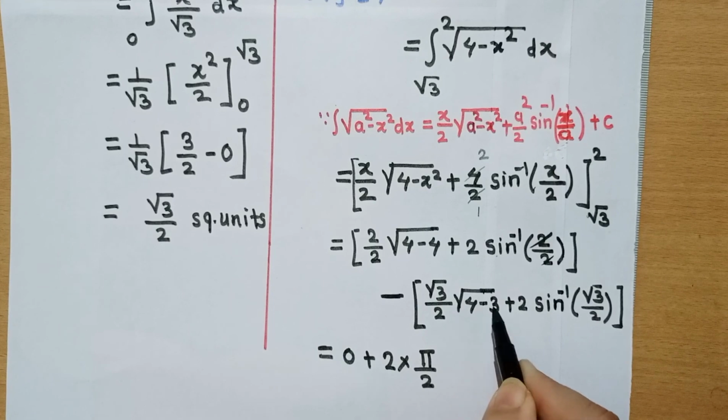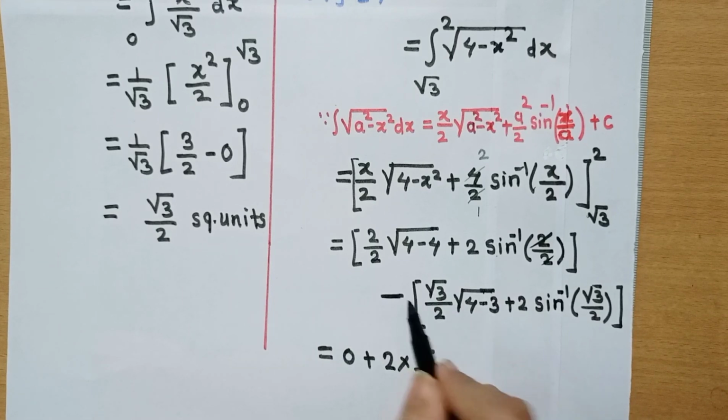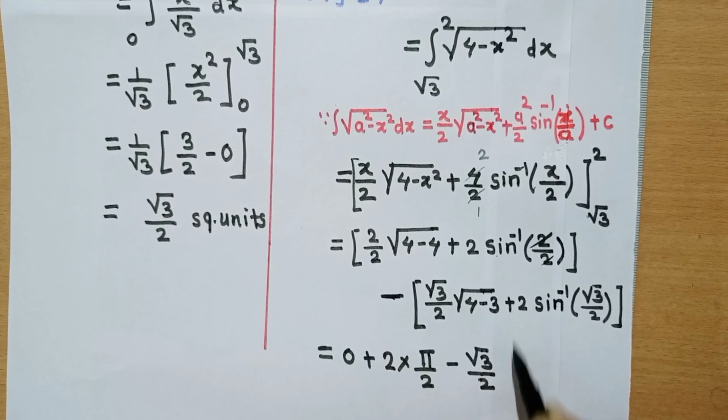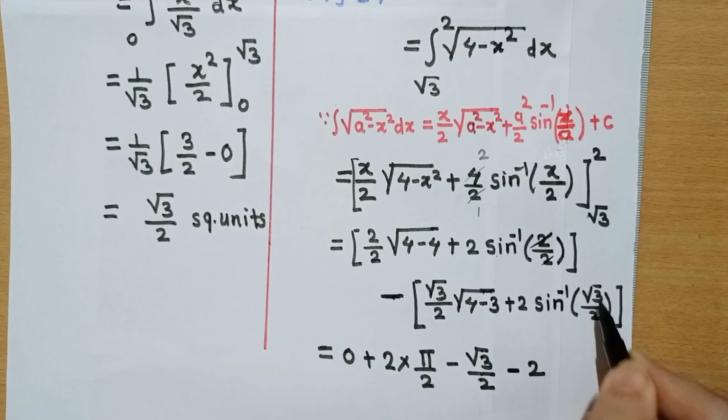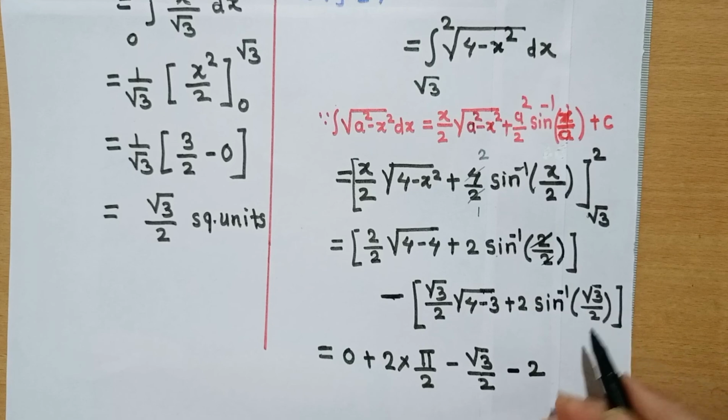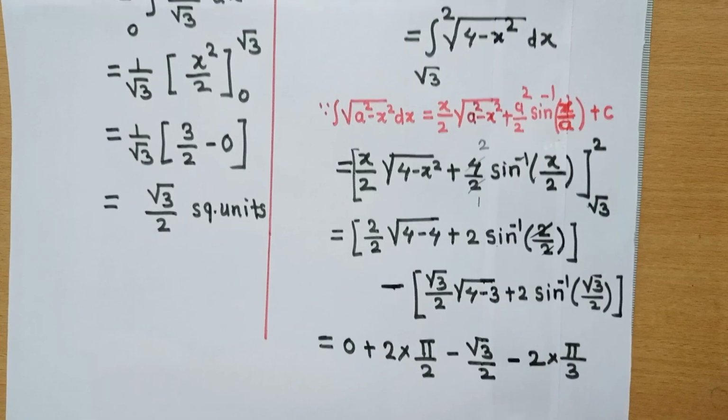Now again root of 4 minus 3 is root 1, and the value of root 1 is 1. So here we will write simply minus root 3 upon 2. Again, because of this minus sign, this will become minus. Then this is 2 as it is, and sine inverse root 3 upon 2. Root 3 upon 2 is the value of sine 60, that means pi by 3. And so here we will write pi by 3.